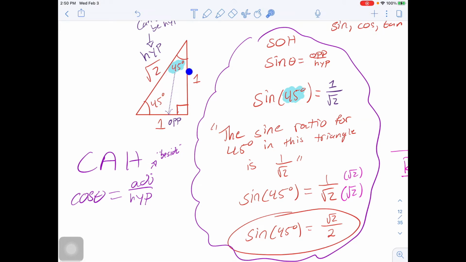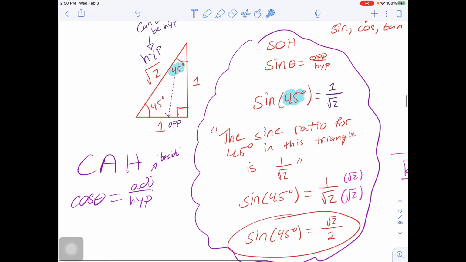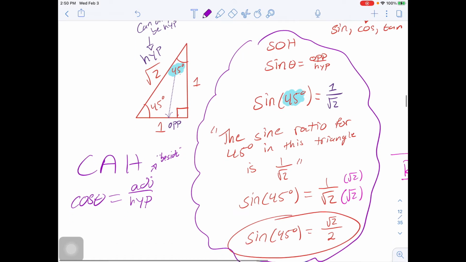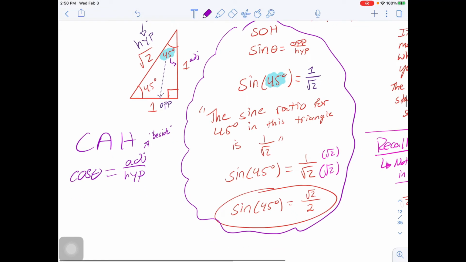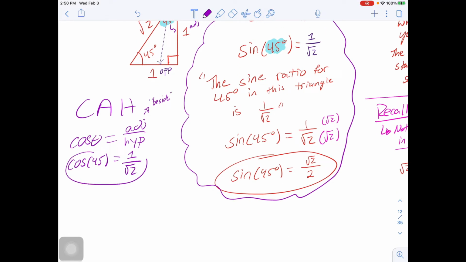You might say, well, there's two, but remember, hypotenuse can only be hypotenuse. So we have to use this one as my adjacent. So cos 45 will be 1 over, and then my hypotenuse is root 2. And there you go. There is your cos ratio for 45, cos 45.